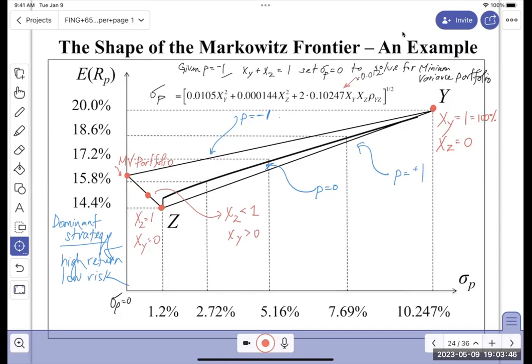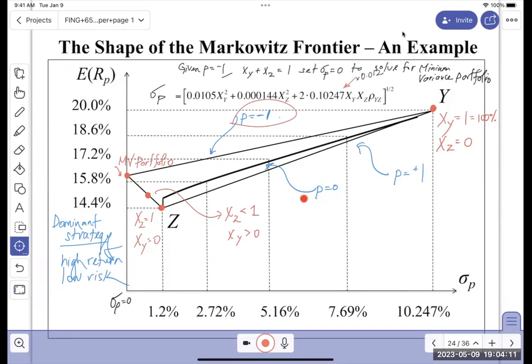So all that I just talked about was about correlation equal to -1. That's the case where you can completely eliminate risk if the correlation is perfectly -1, and you need to find the combination to do that. If the correlation is 0, then you can't diversify at all.